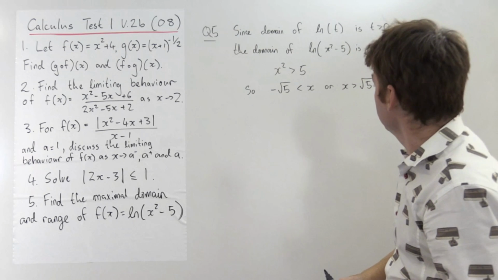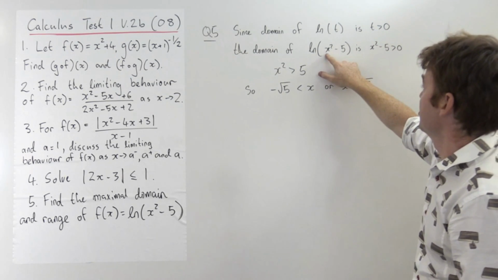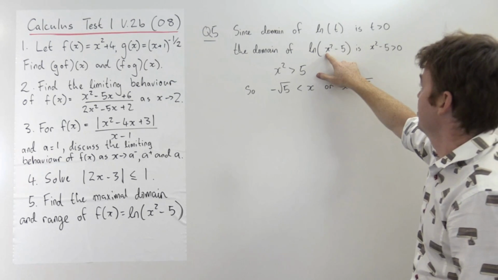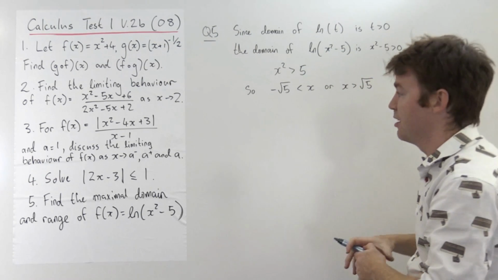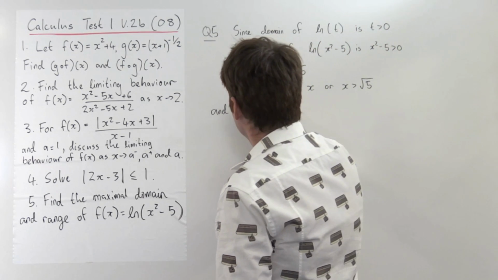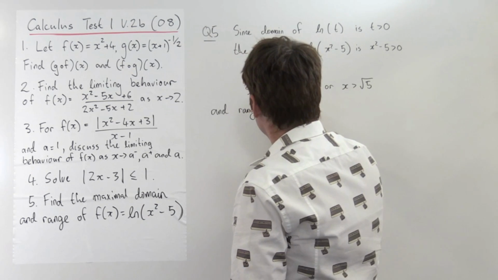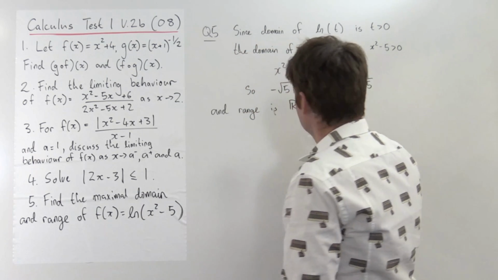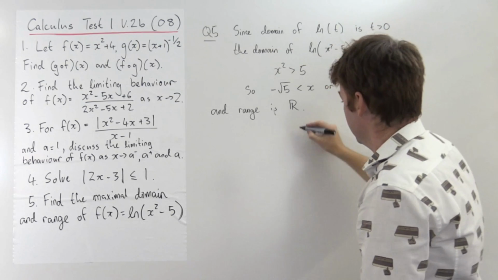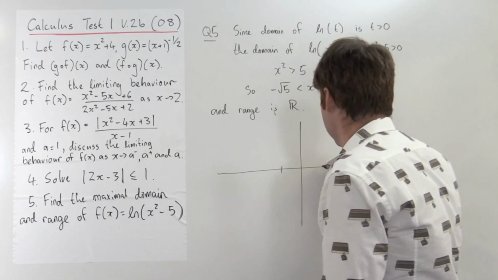As for the range, let's just think about what happens here. If x is bigger than root 5, then this is going to be positive, but any positive number. So my range is just all of R. And if you have time in your exam, I don't necessarily recommend this, but I spent a lot of time in my exams drawing pictures.